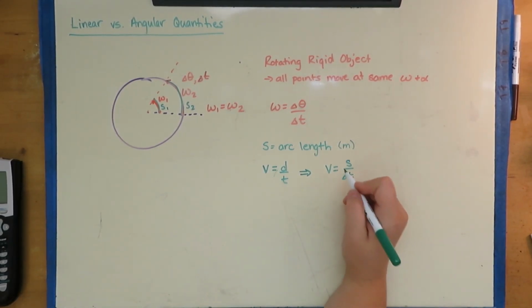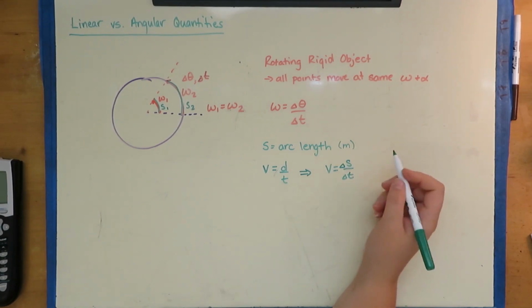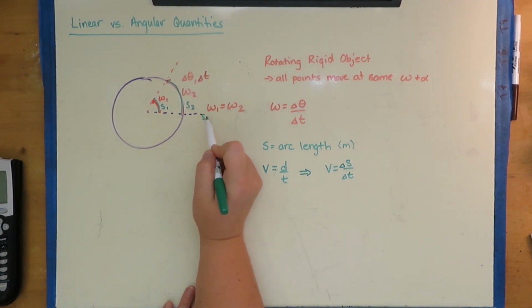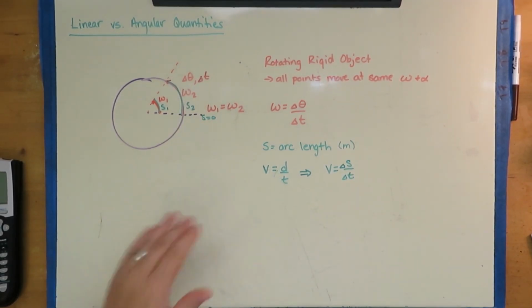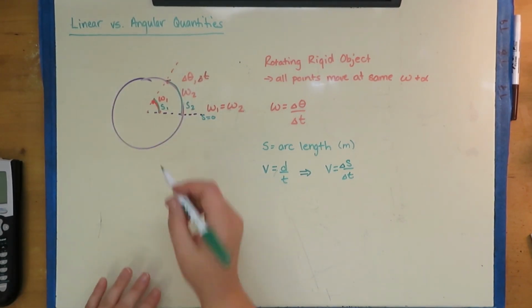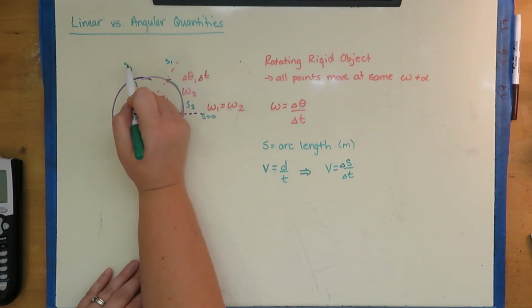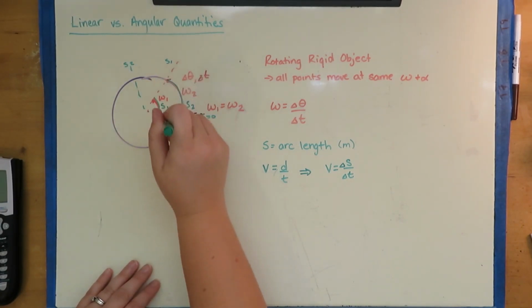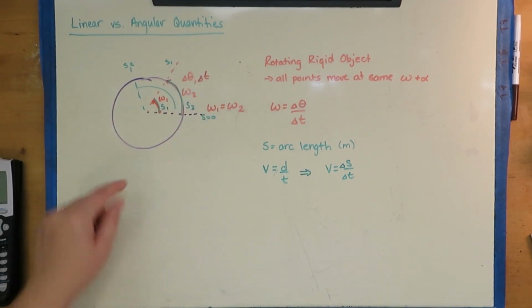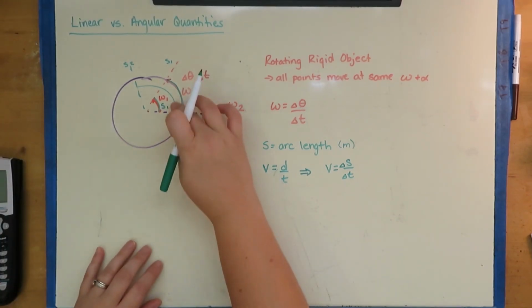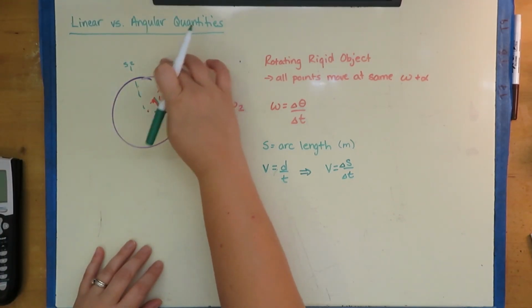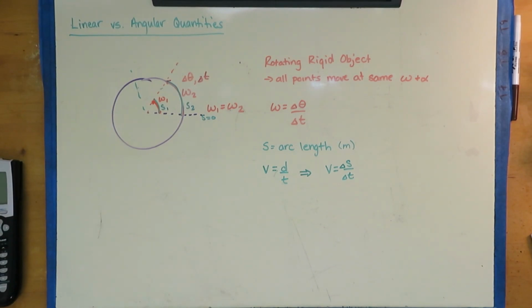So the change in arc length. And what they sometimes do is write this as change in s. This would be s equals 0, and then you would have any other change. So if I went from this position to this position, this could be s1 and this could be s2, based on this arc length versus that arc length relative to some reference. So you have to be careful with some of the definitions.